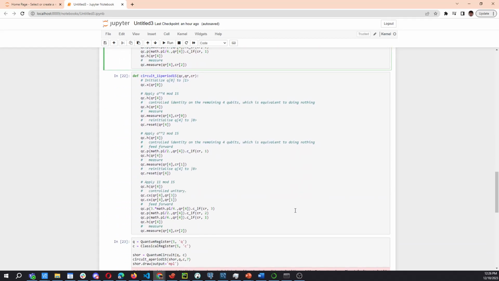And then we can build up the optimized circuit for the period of 11 mod 15.